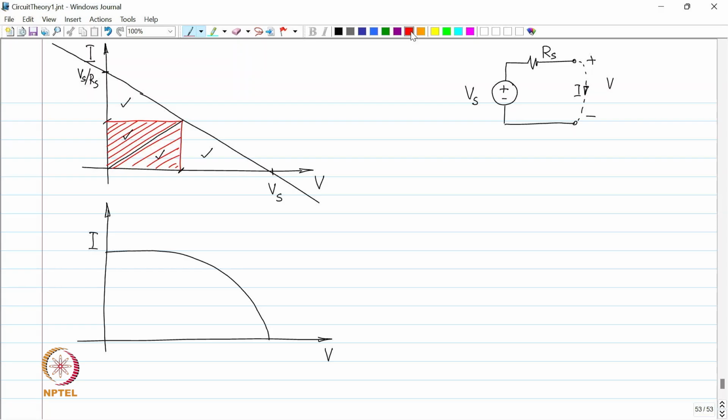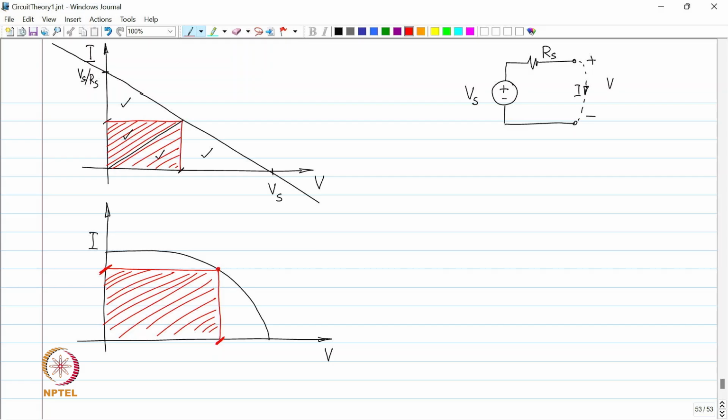In this case, doing it graphically is the easiest. You figure out that this is the largest possible rectangle, and then accordingly you decide that for the load, this is my voltage and this is my current, and therefore, my load needs to have so much resistance. So, you are basically deciding the value of the resistor.